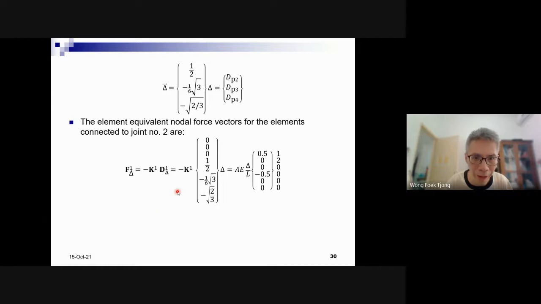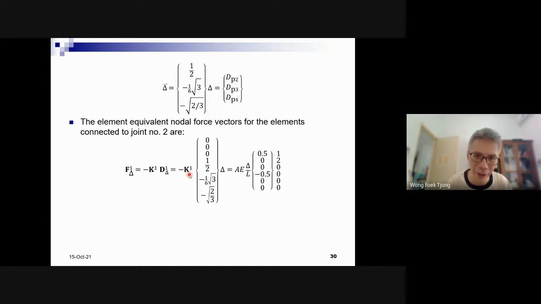So we calculated the equivalent nodal force for element number 1 due to the support motion delta, defined as minus the stiffness matrix of element number 1 times the delta 1. But we already calculated K1, right?